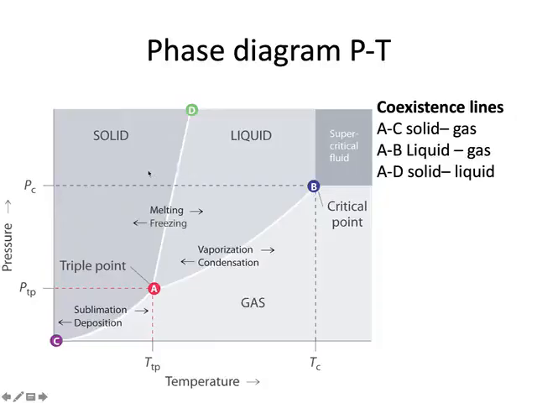And then we've got the solid-liquid coexistence line that divides the solid phase from the liquid phase. And that's where, when the solid is melting, the state is on the coexistence line.